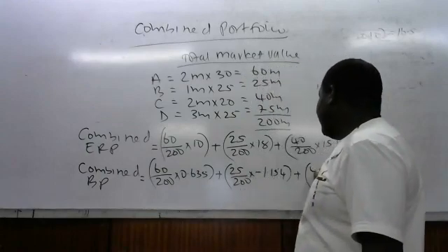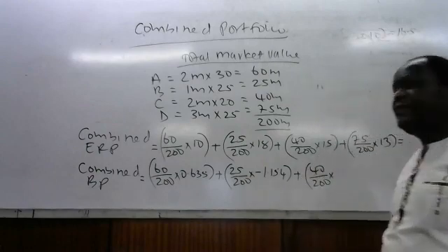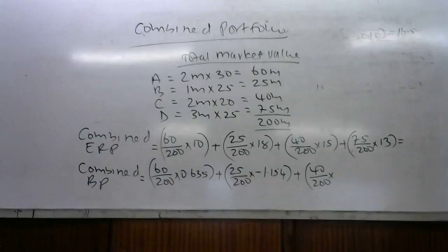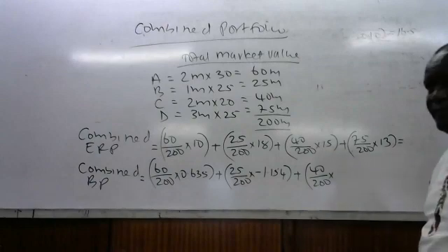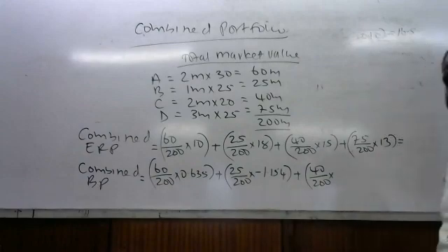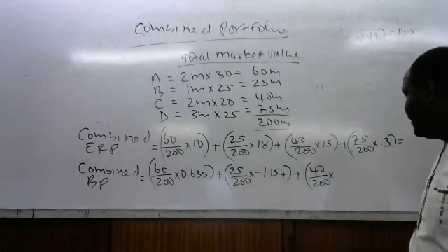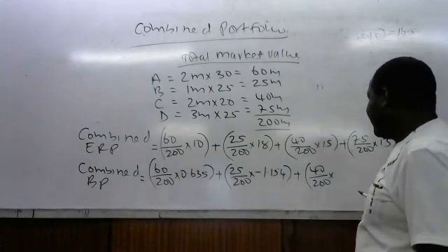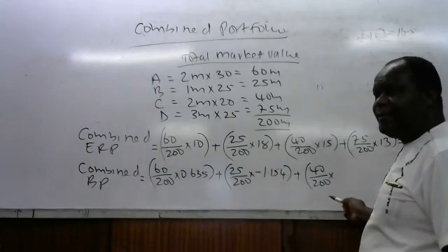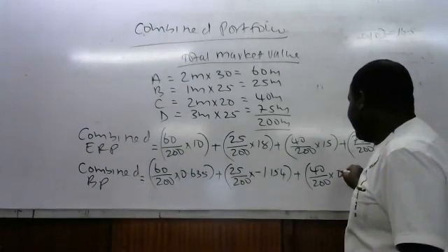Then also 40 divided by 200. Sorry, the beta factor for C, you got 0.90.